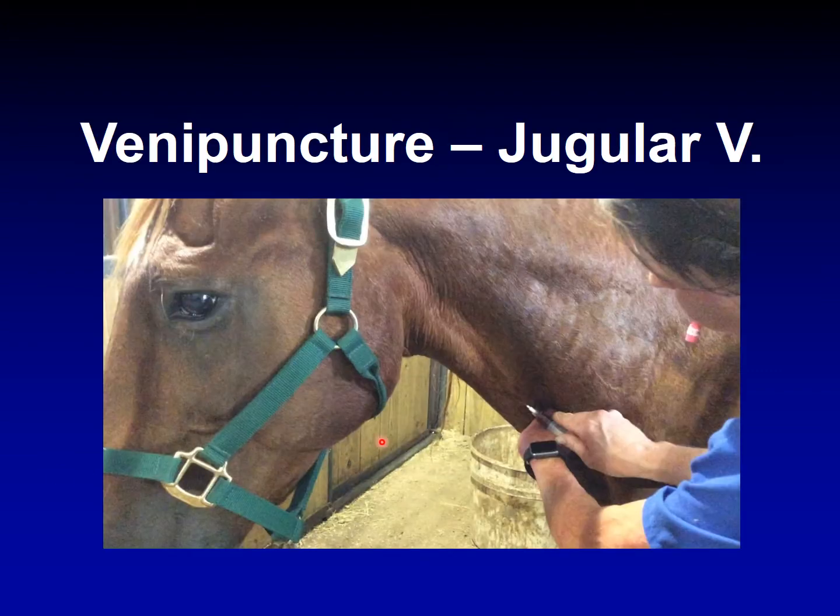First of all, it's the most common site for drawing blood in the horse. This is the number one site to draw large quantities of blood in the horse, the jugular vein, which is located in the jugular groove. Very important.